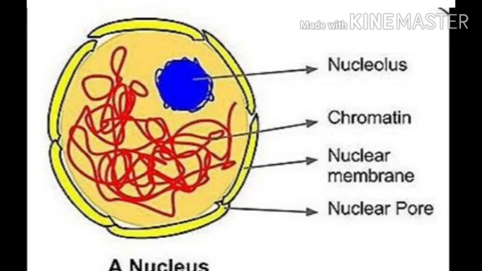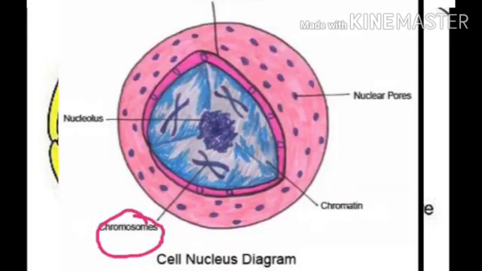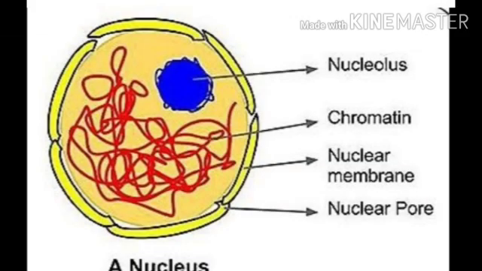In the nucleus sap lie certain thread-like structures which, at the time of cell division, become very thick and are called chromosomes. Otherwise they are called the chromatin network or chromatin matter.